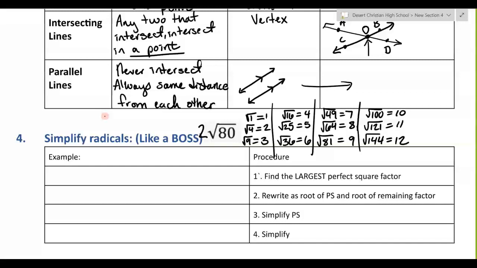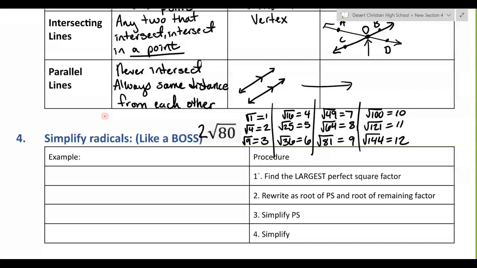This is going to help us quickly simplify a radical. So we have this procedure, and I started doing my notes like this with the procedures on the right and the example on the left, so that when you're working a separate problem, maybe with your IXL notebook, you can set your IXL notebook right here and follow the procedure for a similar question, okay?